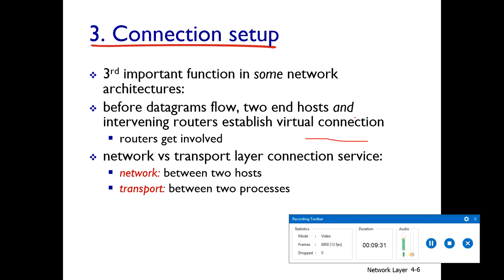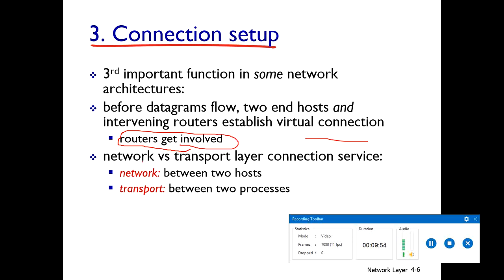If we are using a datagram network, then no virtual connection is established. Your internet follows the datagram model. So while setting up the virtual connection, routers are involved, and it defines a certain path.